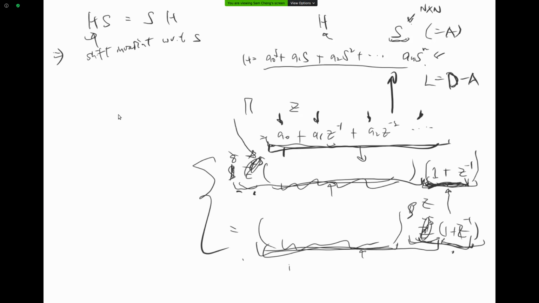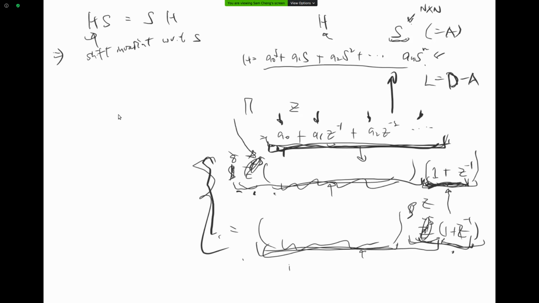But also, from the commutative definition of the shift invariant property, we see that the filter, as long as it can be represented as a polynomial of the shift operation, or in the classic serial processing case, can be represented as a Z transform, then the filter is shift invariant.